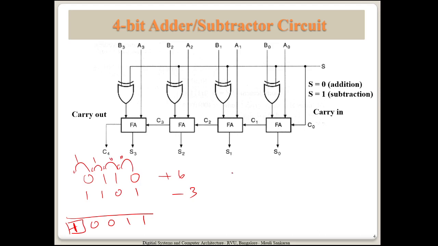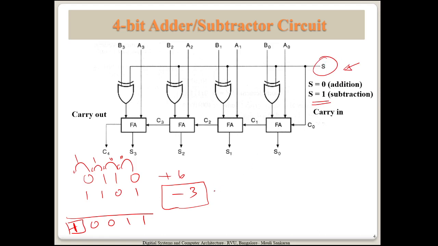Now how do we do this in the circuit? When we are trying to do the minus 3, it is not going to be fed as minus 3, because this circuit says that if S is equal to 0 it is performing the addition operation, and if it is equal to 1, it is going to perform a negative operation, the minus operation.